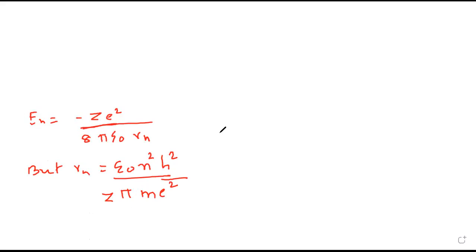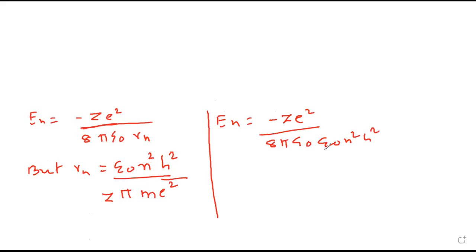This was the radius in nth orbit. So En will become minus z e square upon 8 pi epsilon naught into n square h square upon pi m e square into z.